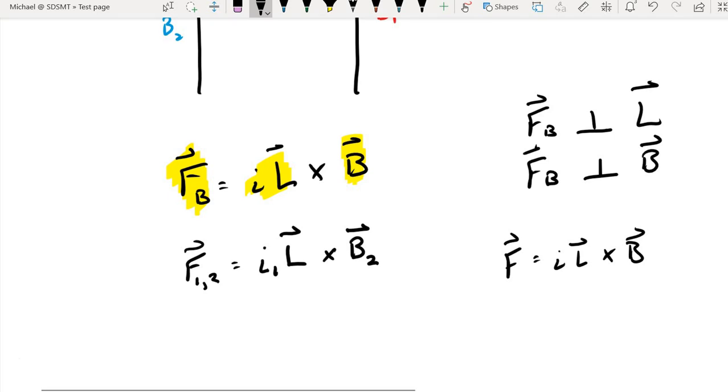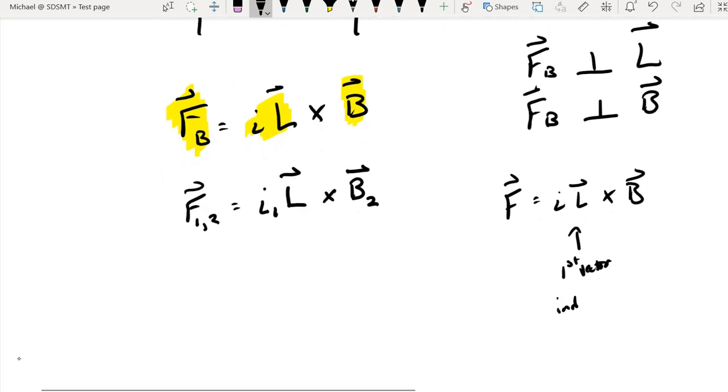our right hand rule says that the first vector in the cross product is the index finger. The second vector in the cross product is our middle finger. And the resultant vector is going to be our thumb.